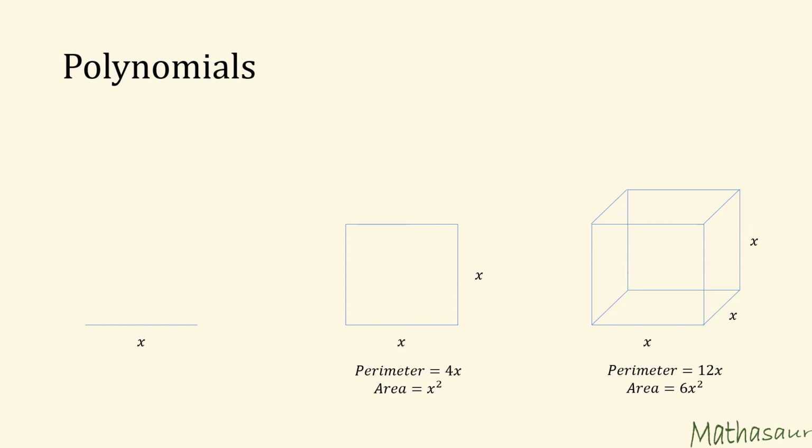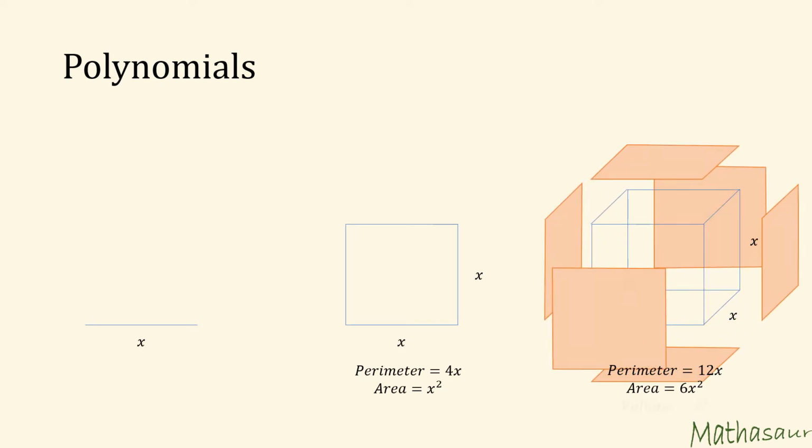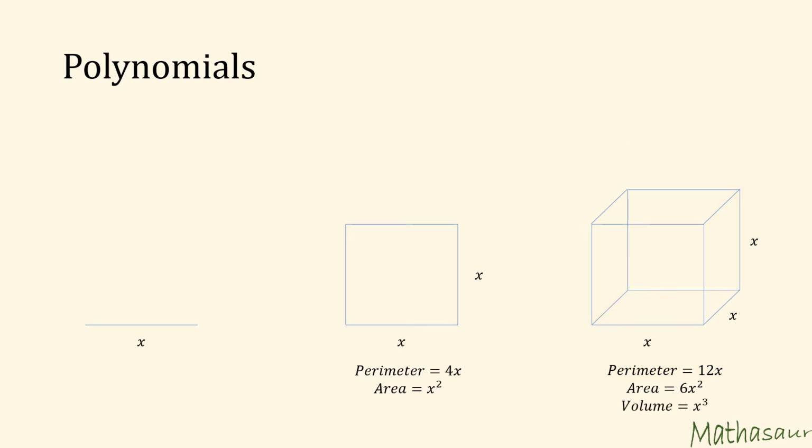Since there are 6 faces, we would get 6 times x square. The volume of this cube would be x cube. We are taking the square bottom and putting it x times on top of each other.